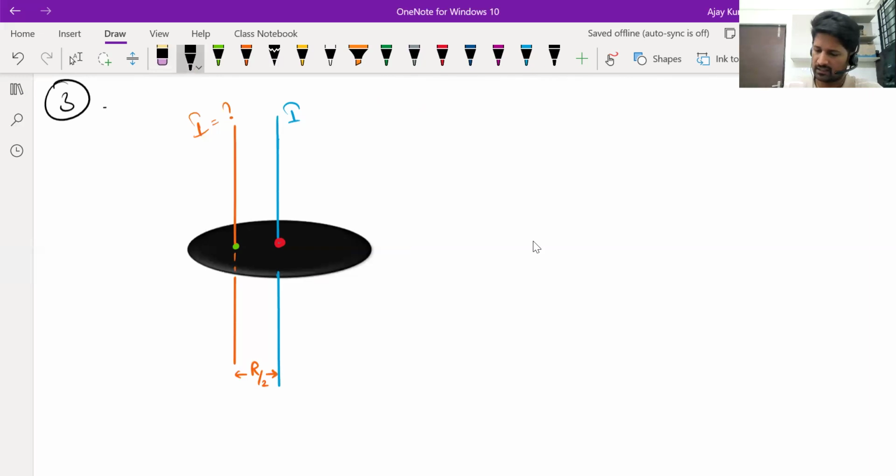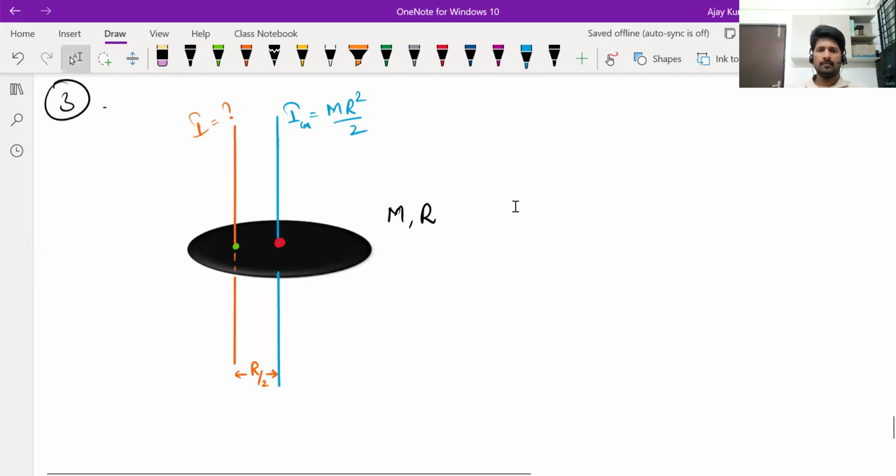Derive the moment of inertia about this axis quickly. Mass is m, radius is r. Answer should be in terms of m and r. Vanilla, your answer is correct.